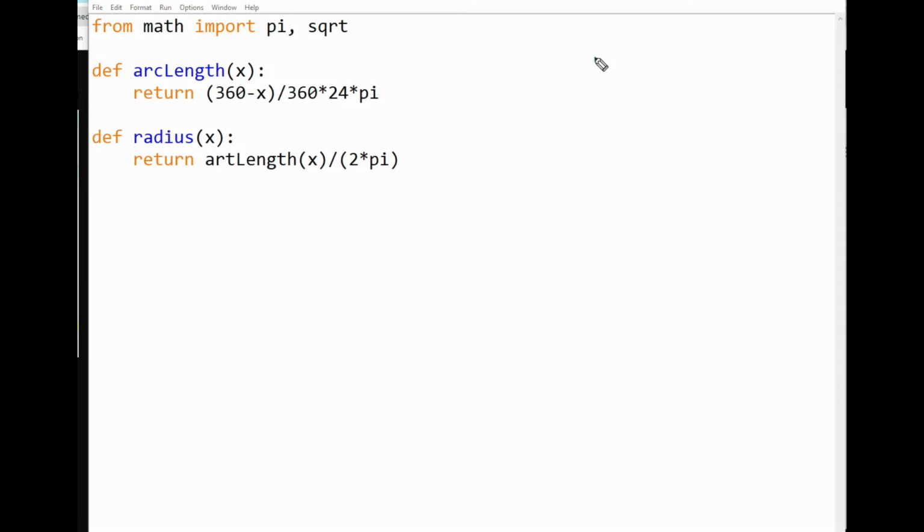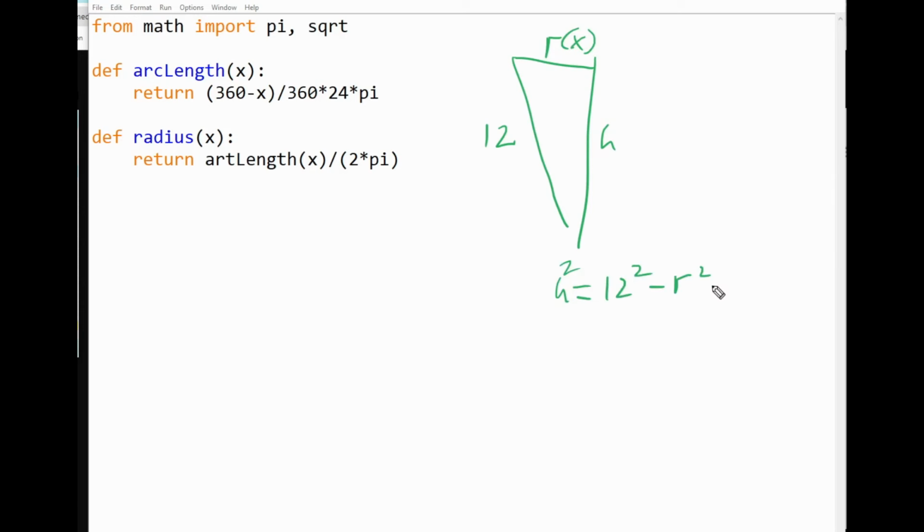Let's put the cone right way up. We know now that this is 12, this is the radius, and this is the height, right? So the height squared is going to be 12 squared minus r squared. So the height is going to be the square root of 144 minus r of x squared.